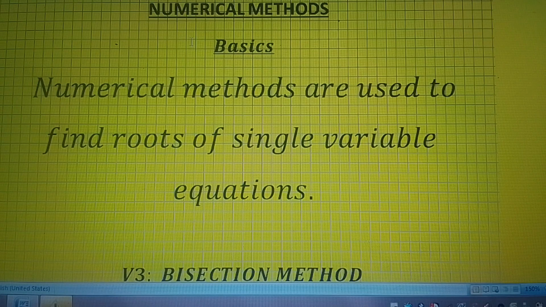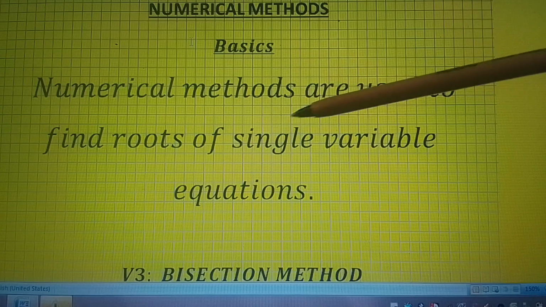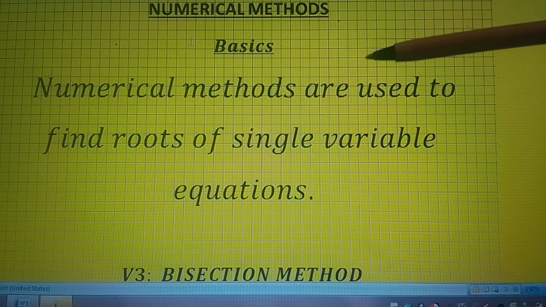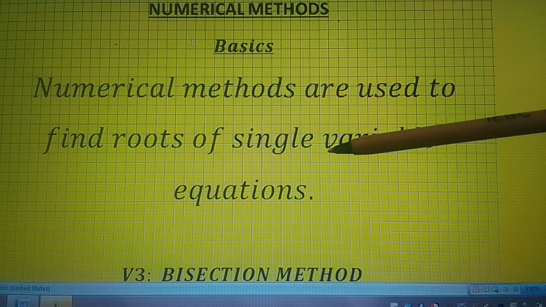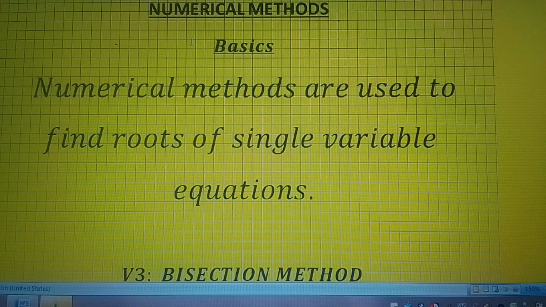Alright, in this video we want to focus on numerical methods. Numerical methods are used to find roots of single variable equations.